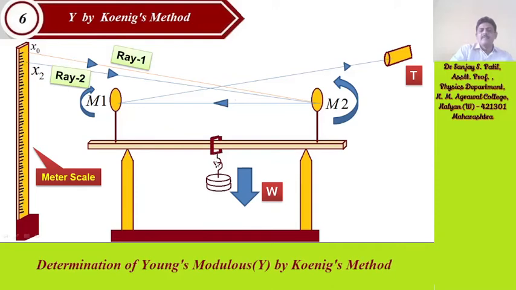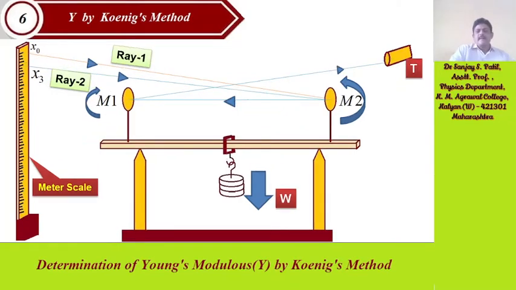This bending action is nothing but the flexure, and x0 minus x2 or x2 minus x0, whichever is bigger, we have to deduct it. Again, apply the third weight, then from x0 to x3, ray 1 to ray 2.